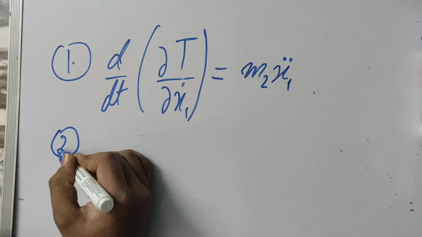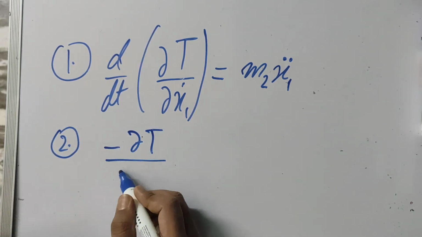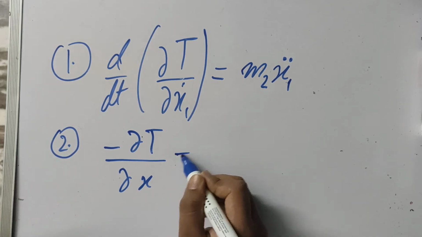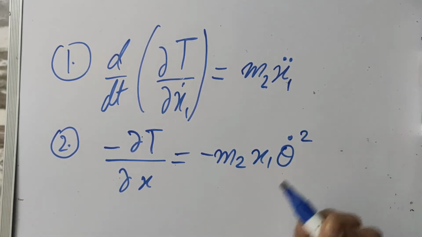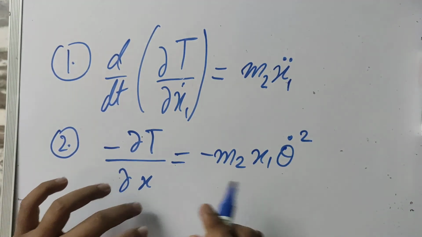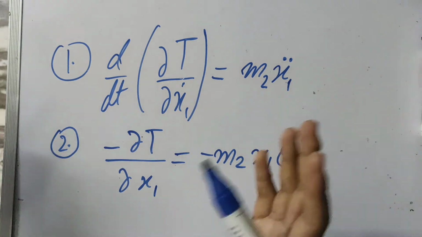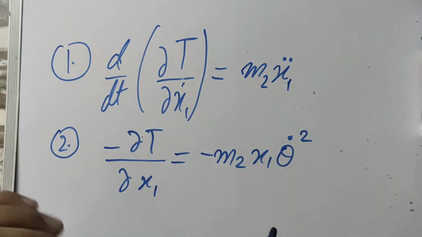What is the second term? It is basically minus partial T partial x. What is that? Minus m2 x1 theta dot squared. You can do this partial with respect to x1, and x dot will be 0 for that case. And now you observe something very important.